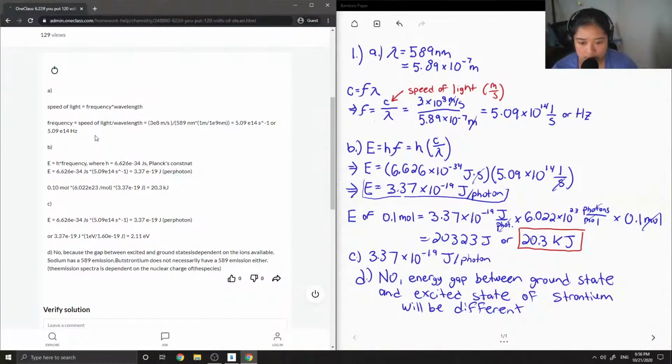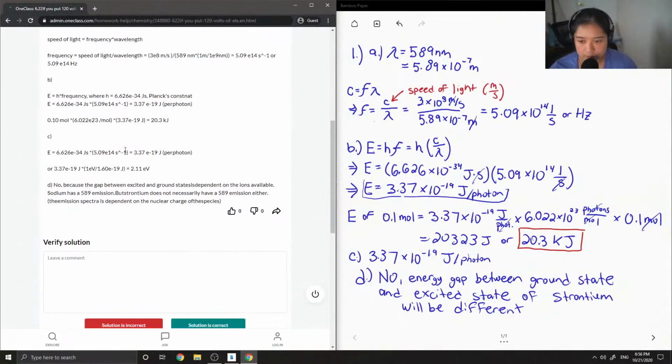For C, they had the 3.37 times 10 to the negative 19 joules per photon. And then they also converted to eV, which I didn't do, but it's still correct. And then no, because the gap between excited and ground states is dependent on the ions available. Sodium has a 589 emission, but strontium does not necessarily have a 589 emission either.